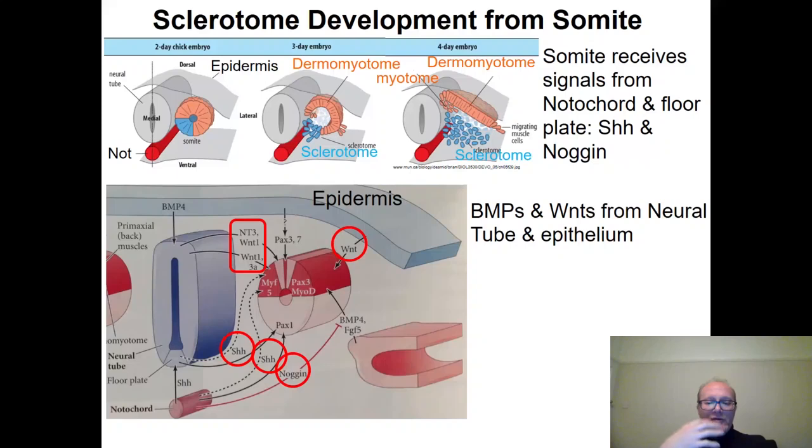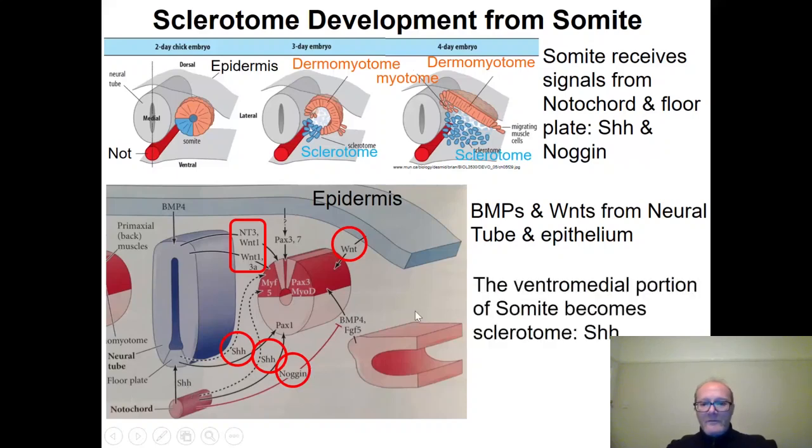So the dorsal part of the somite receives from the neural tube mostly BMP and Wnt signaling, and it receives this signaling also from the epithelium, while the ventral part of the somite receives mostly SHH and Noggin signaling from the ventral part of the neural tube and notochord. So the ventral part of the somite, because of this SHH signaling, mostly becomes sclerotome. The dorsal part, on the other hand, is going to form the dermomyotome.